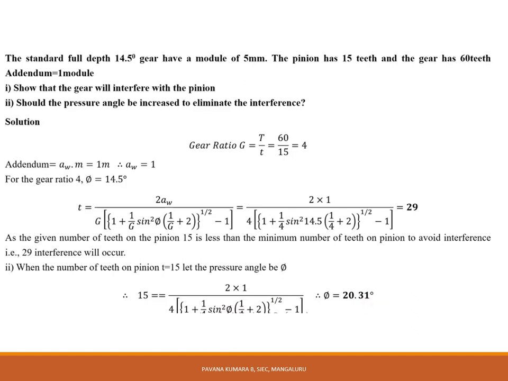Therefore the pressure angle should be increased to 20.31 degree from 14.5 degree. Then you can eliminate the interference if t is equal to 15 and capital T is equal to 60.